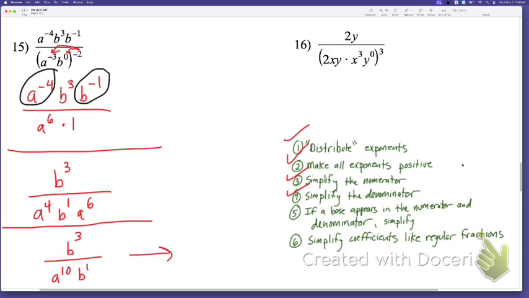And then to finish off the problem, b appears in the numerator and denominator. So there's b to the third in the numerator, b to the first in the denominator. The power is 2 higher in the numerator. So b to the second will be in the numerator. And there's no coefficients to simplify. So that's the final answer.